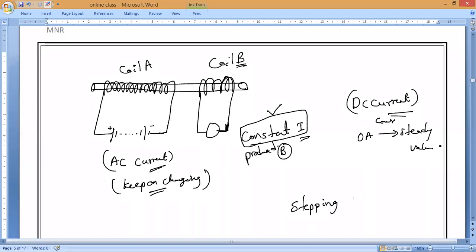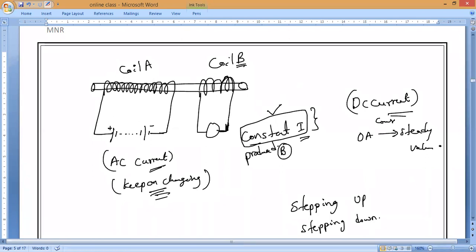You will study in class 12th, stepping up transformers for increasing, or stepping down transformers for decreasing. We are using the same principle. So it is both the relative number of turns in coil A and coil B, and how the current keeps on changing, that will cause us to produce the constant current in coil B.